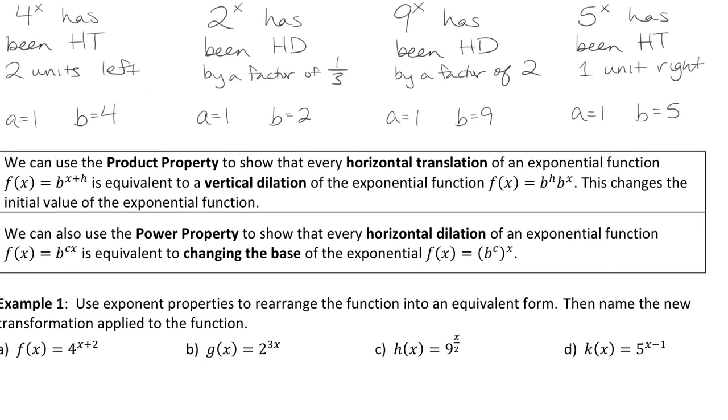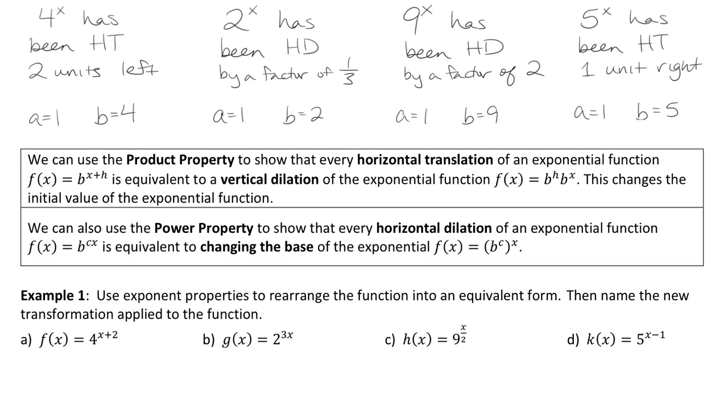And what's really cool about this is that we can use the product property, which is the multiply add property, to show that every horizontal translation of an exponential function is equivalent to a vertical dilation of the exponential function. It changes the initial value of the function, which is pretty cool. We can also use the power property, which is the power to a power means multiply, to show that every horizontal dilation of an exponential function is actually a change of base for that exponential function.